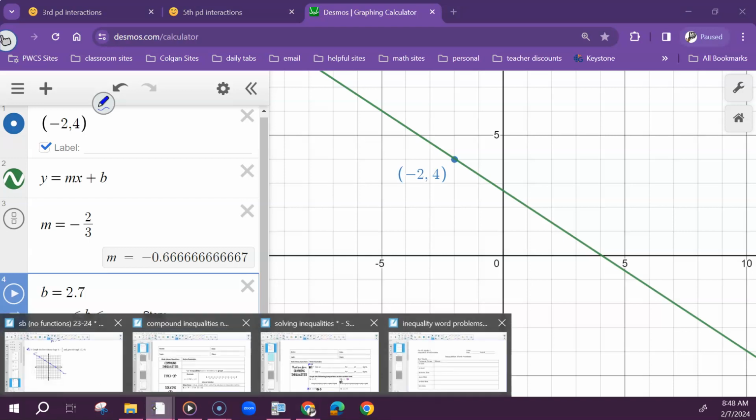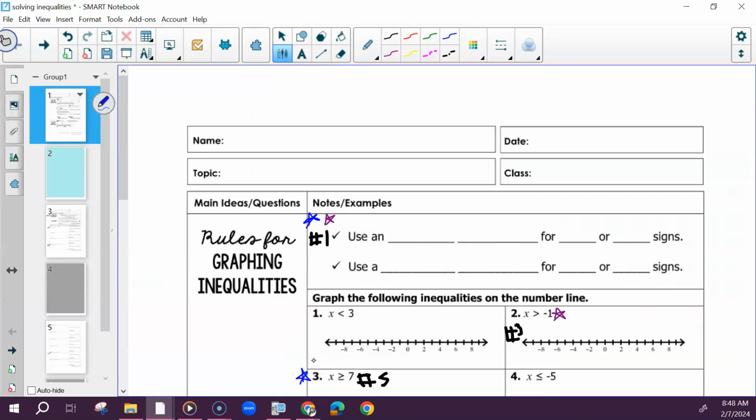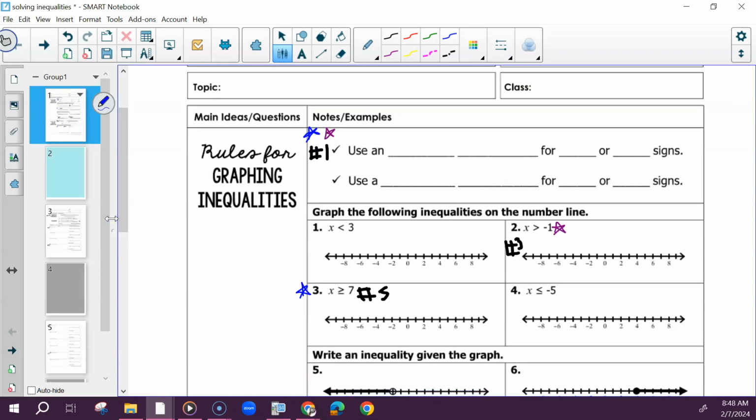So this unit is on inequalities. Some of this stuff you will have seen before, some of it you will not. So make sure you have your notes in front of you. There are 2 rules you need for when graphing inequalities.